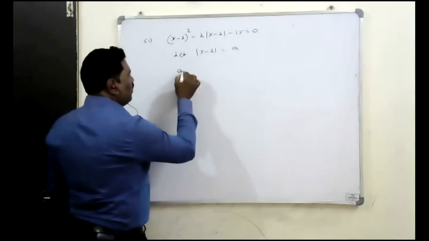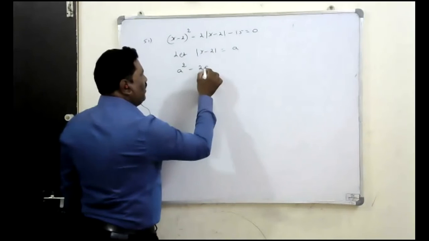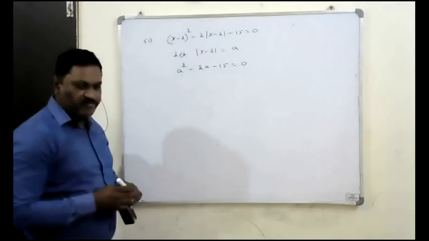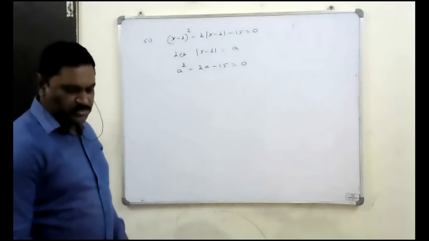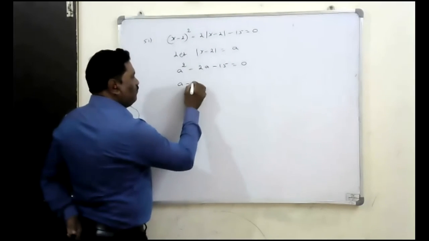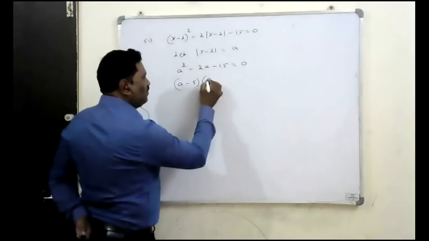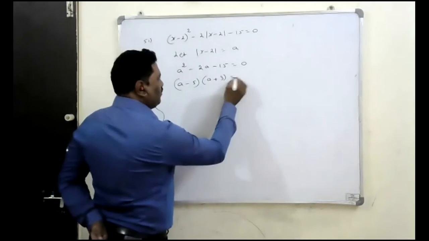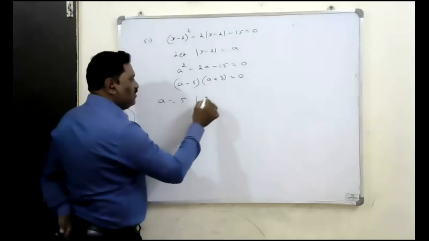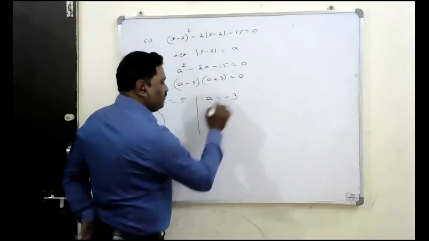This equation becomes a square minus 2a minus 15 is equal to 0, right? This is a quadratic equation. What are its factors? 5 and 3. (a minus 5)(a plus 3) is equal to 0. So therefore, a is equal to 5 or a is equal to minus 3.